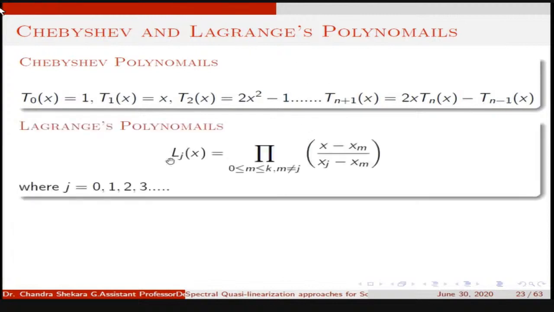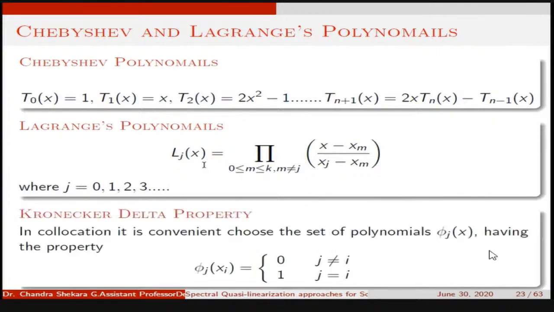Then L of x, the product of x minus xm divided by xj minus xm, are called Lagrange's polynomials.